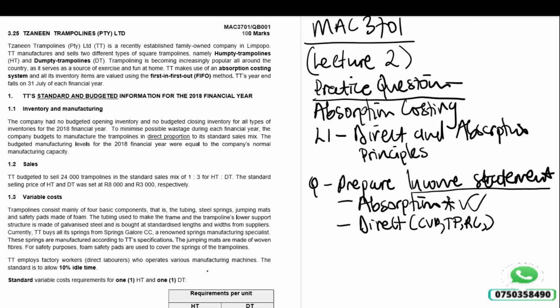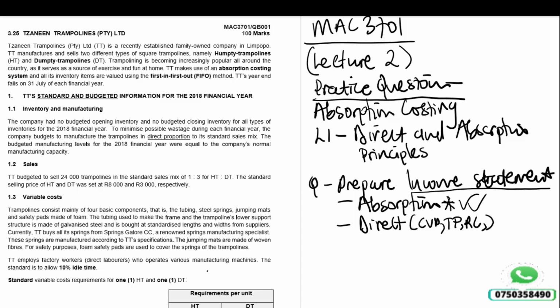I'm not saying they won't ask an income statement under direct, but from my experience with MAC 3701, in past exam papers the income statement has always been there, mostly under absorption costing.